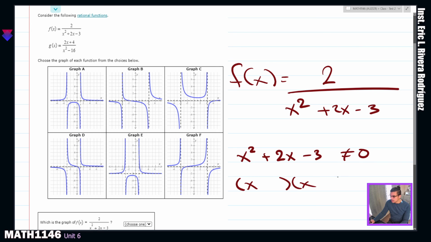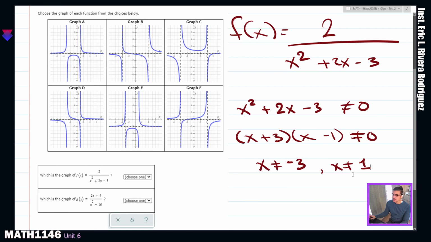I do factorization because I have a leading coefficient of 1, then plus 3 minus 1 means that x can't be negative 3, x can't be positive 1. Okay, I know that there are not going to be holes in the graph because there's no way I can simplify f of x further.